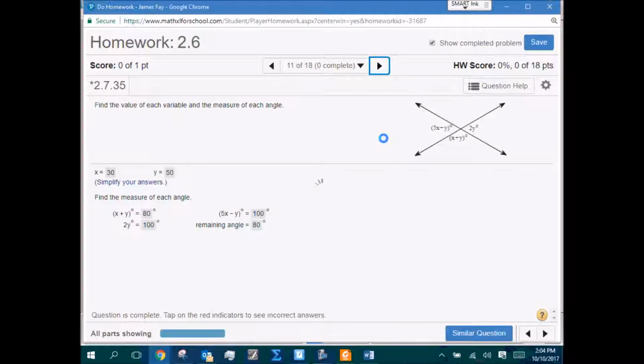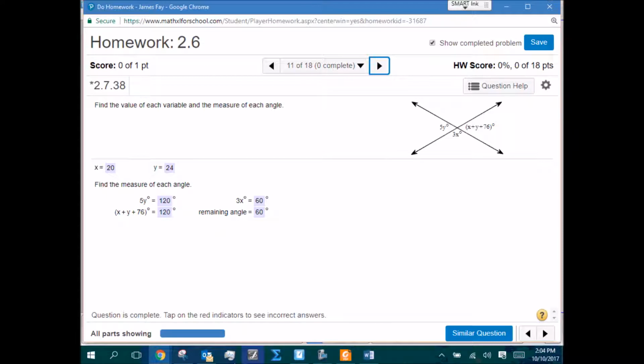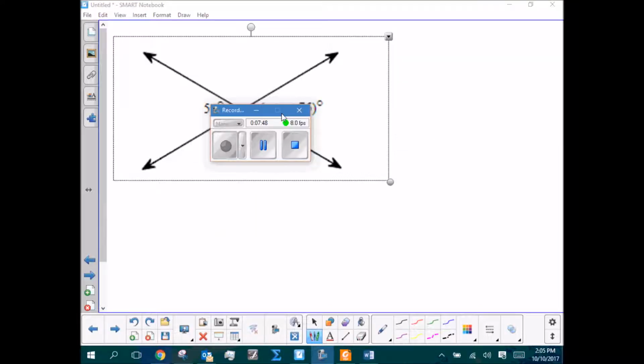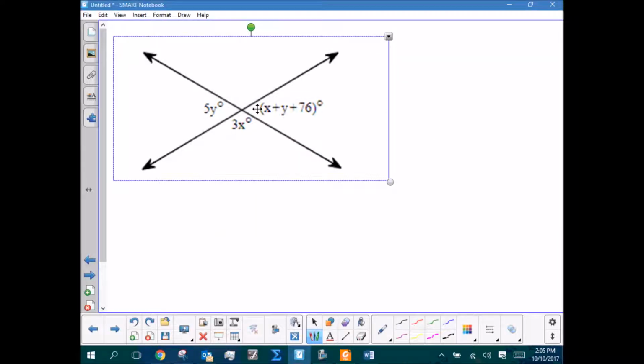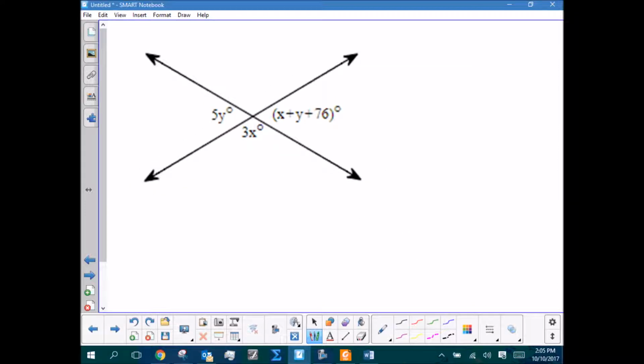Let's do question 11. All right, so it's the same concept. I'm going to start looking at relationships. I know for certain that those two things should be supplementary, right?